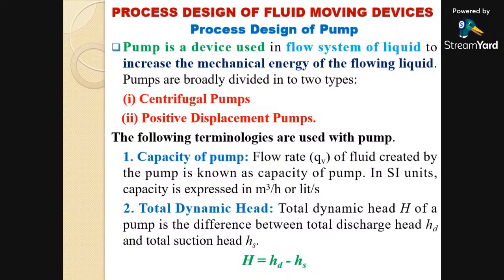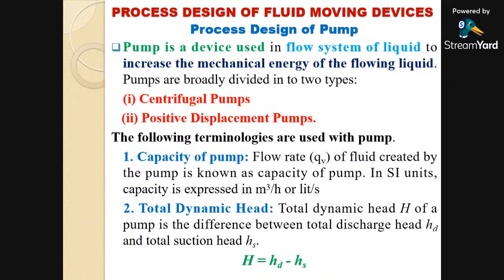Sometimes it may be possible to transport the fluid only by gravity. If your storage tank is located on the top floor, then you can circulate your fluid to the ground floor by means of gravity only.